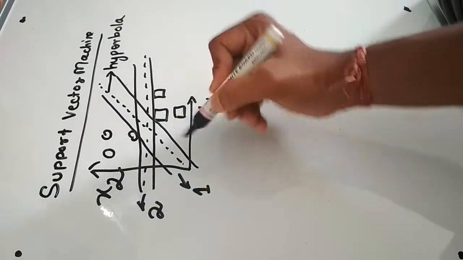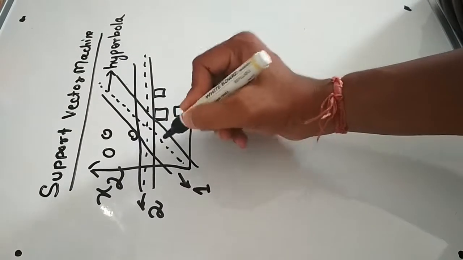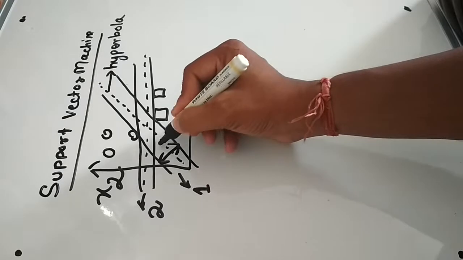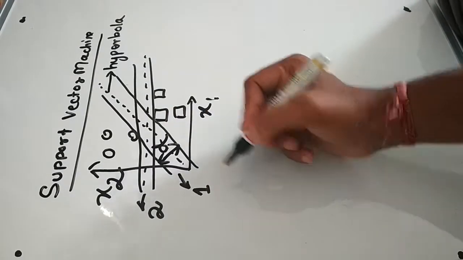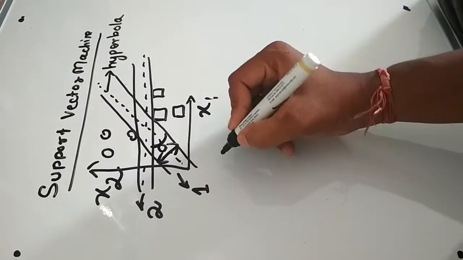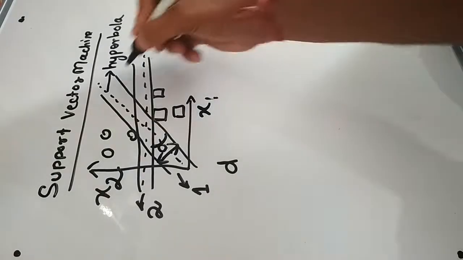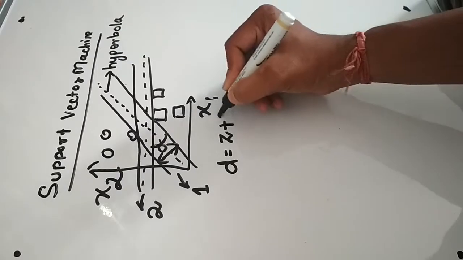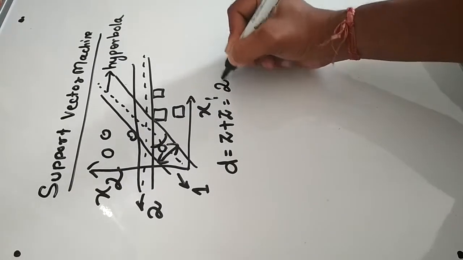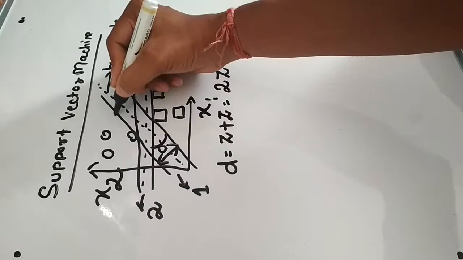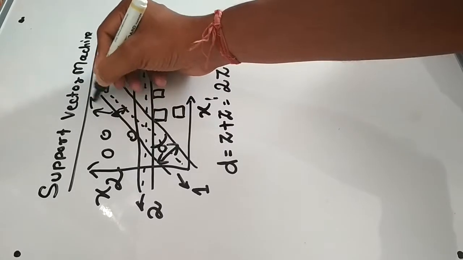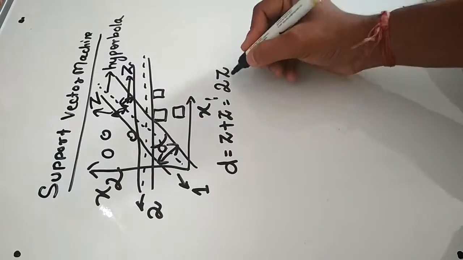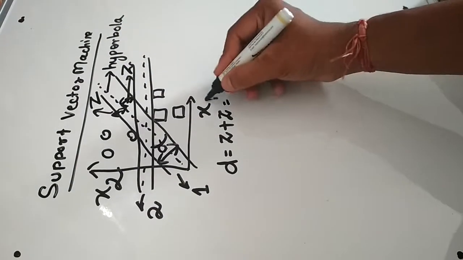From this figure we can see that this one is more separable. Suppose the total distance here is d. Then the distance d can be represented as z plus z, that is 2z. This distance is z and this distance is also z, so that becomes 2z.